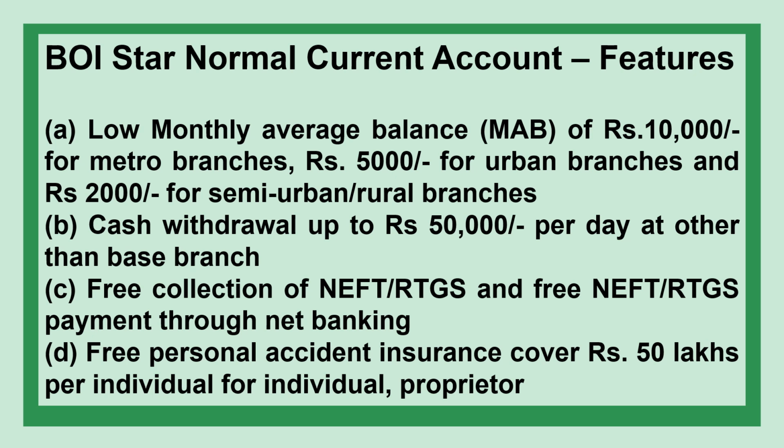Cash withdrawal up to rupees 50,000 per day at other than the base branch. Free collection of NEFT and RTGS, and free NEFT and RTGS payment through net banking. Free personal accident insurance cover of rupees 50 lakhs per individual for individual and proprietorship current accounts.